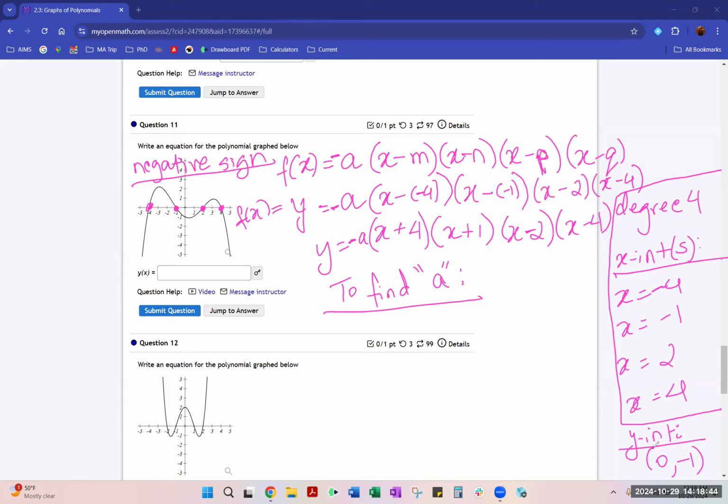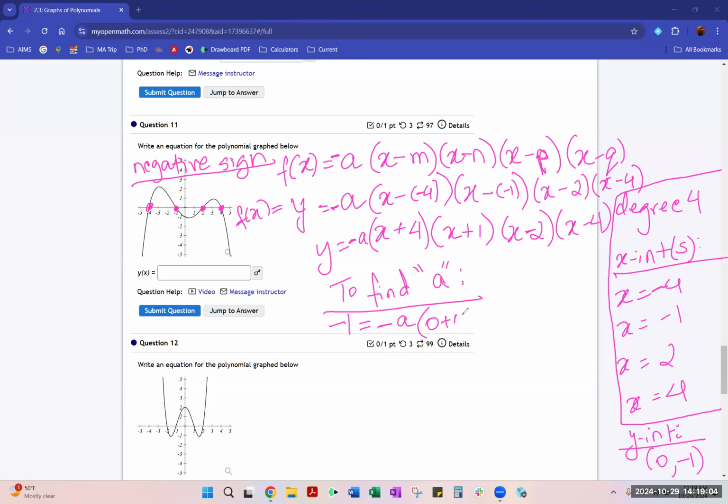Using the y-intercept, our y value is -1. So replace that f of x or y with -1. We're trying to find the a. In the y-intercept, remember your x coordinate is 0. So everywhere we have x in our generic form of the equation, you're going to replace it with 0.